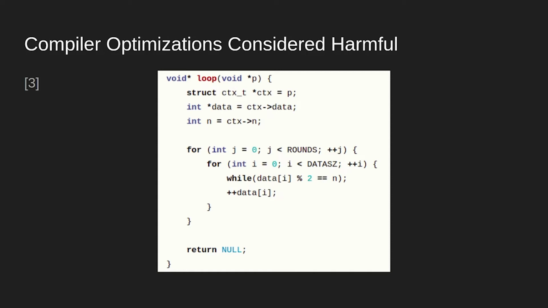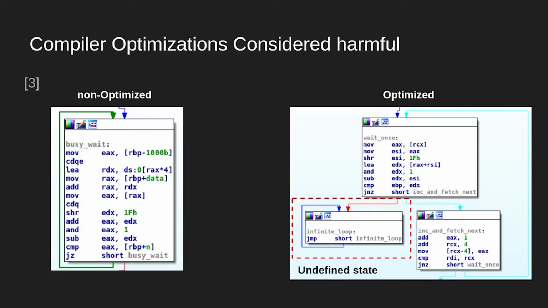So what happens is when you compile this under certain optimizations, it drastically changes the picture and will actually introduce an undefined state that can cause a race condition, because it just skips the check of the sentinel entirely and just makes an indefinite loop. So this will introduce a race condition if you're not entirely sure.